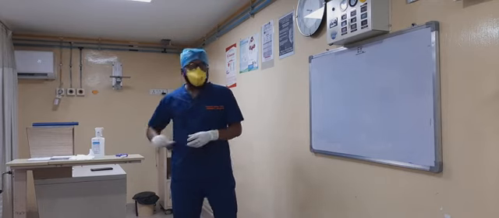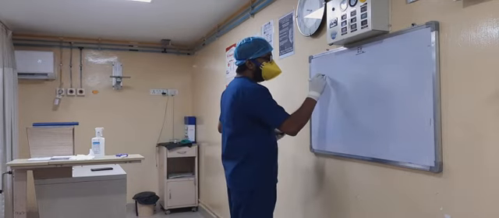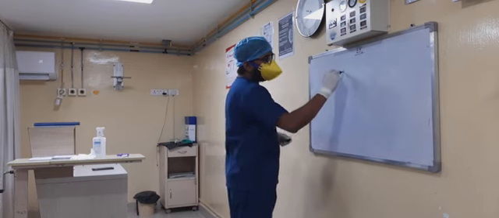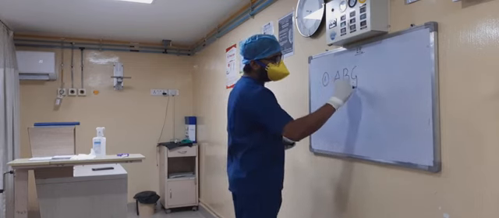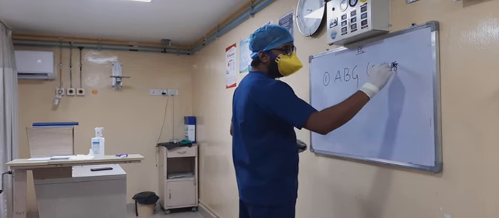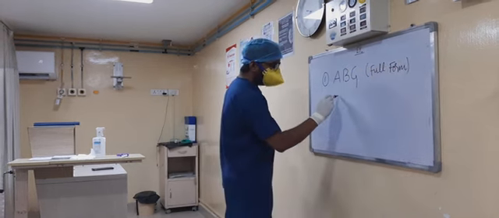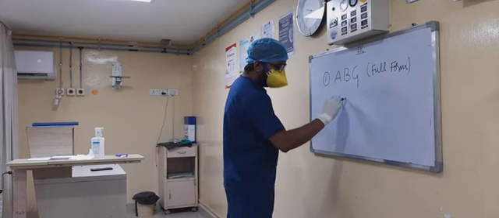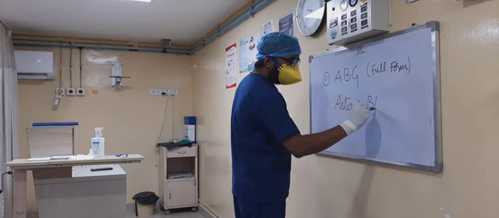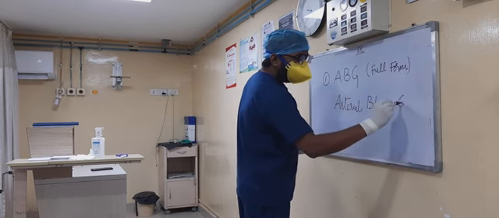So the first step is knowing about the ABG, which is the ABG full form. What is the full form of ABG? Arterial blood gas.